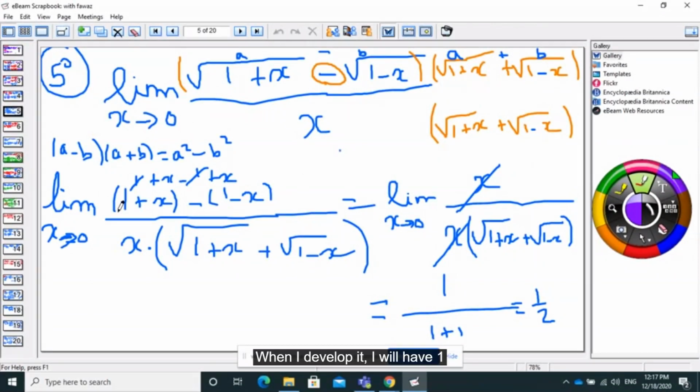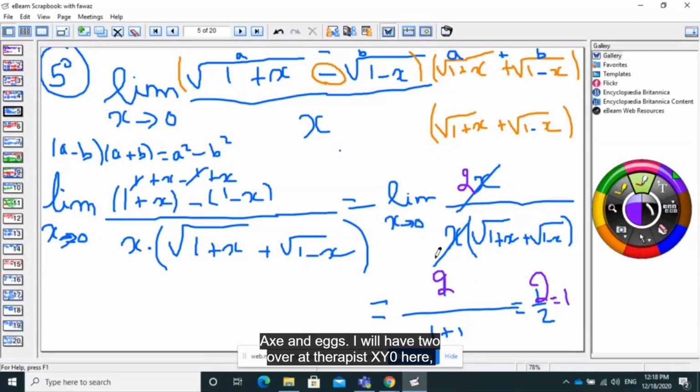When I develop here I will have 1 minus 1, 0, and x plus x, which gives 2x. Now I will simplify, still have 2 here. I will simplify x and x. I will have 2 over, if I replace x by 0 here, what will I have? 1 plus 1, so 2. 2 over 2 is 1, and that's it.